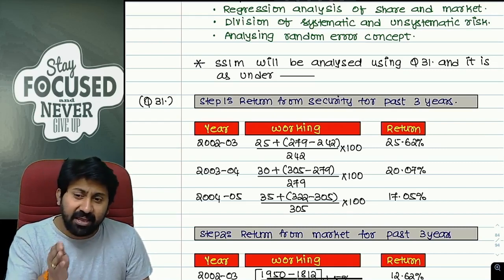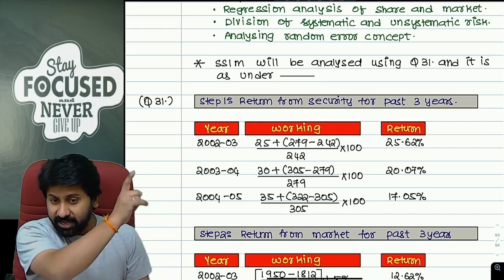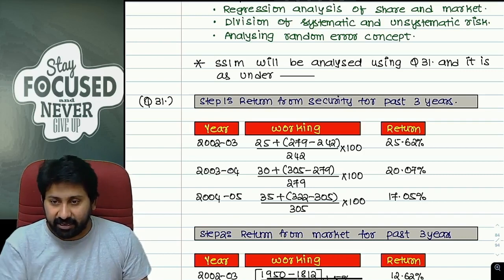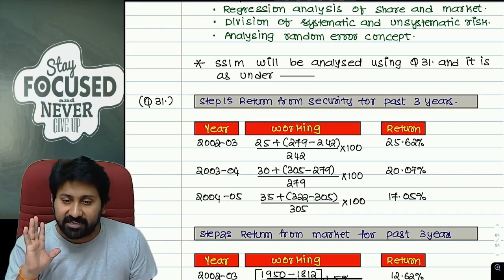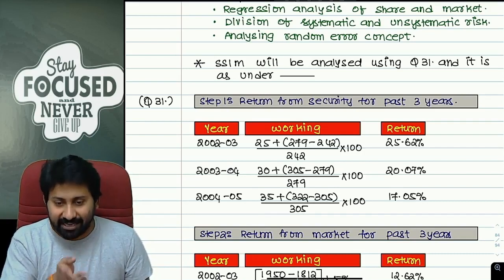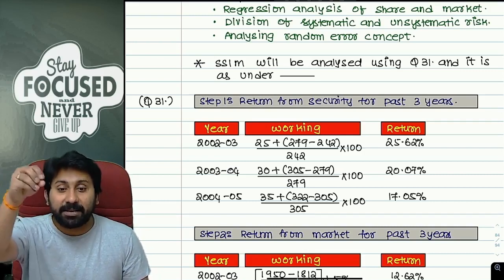Why are we expecting something and it is not happening? Because of two reasons. Number one, because of market effect, called systematic risk, a risk that comes from the system. CAPM model I analyzed clearly, I am not going to reanalyze and waste your time. Unsystematic risk is the risk which is not coming from the system, which is your company specific.